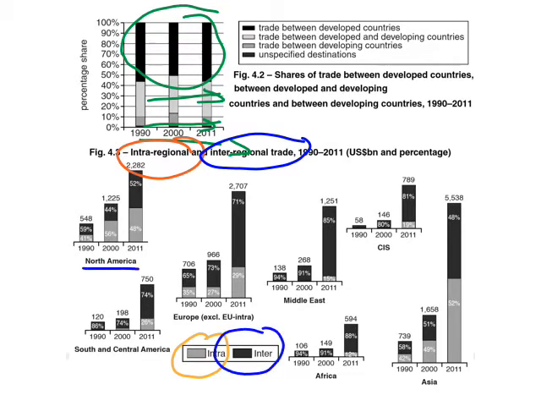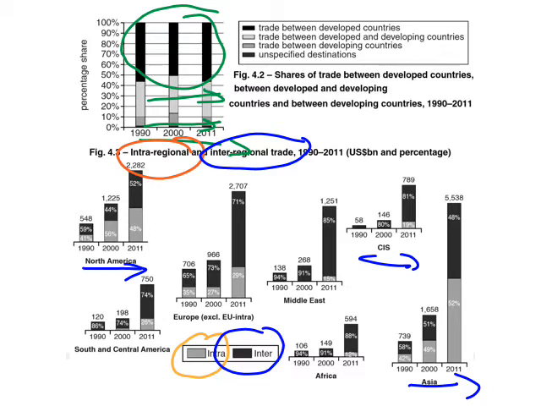As you can see over all of the graphs, there is an increase in trade, and in some areas, so in North America, that's stayed roughly about the same, but increased slightly in terms of intra-regional, so within North America, and shrank slightly in terms of inter, between North America and other places.